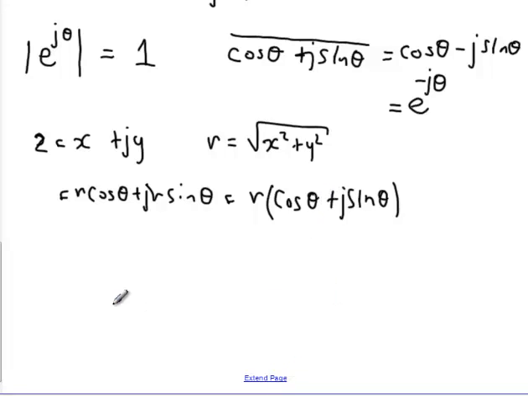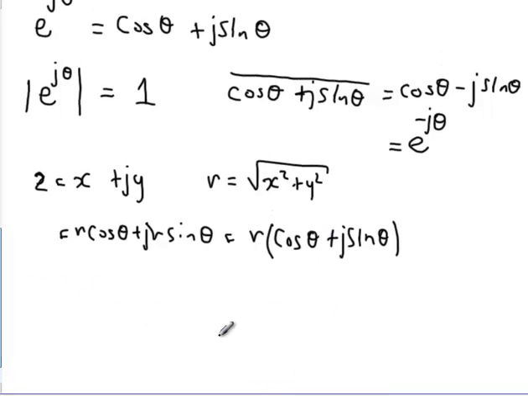What is inside here is actually e to the j theta. What is outside there is r. So what am I saying? I started with the number only with modulus 1, but any other number in exponential form will come as the modulus multiplied by e to the power j theta.